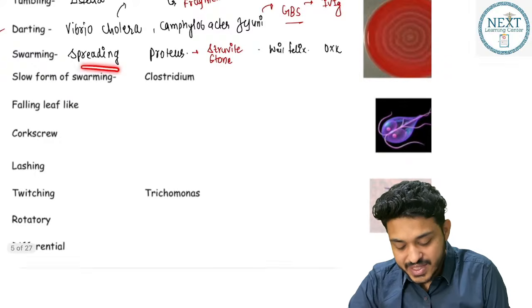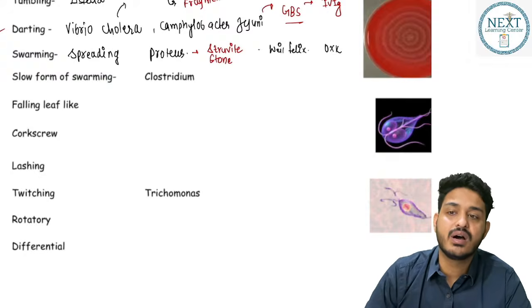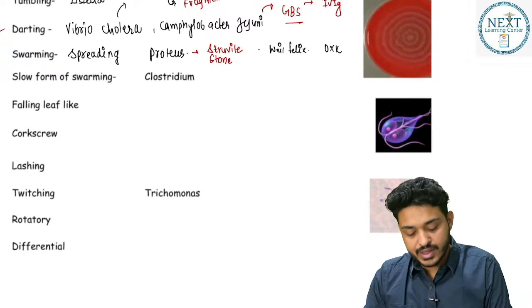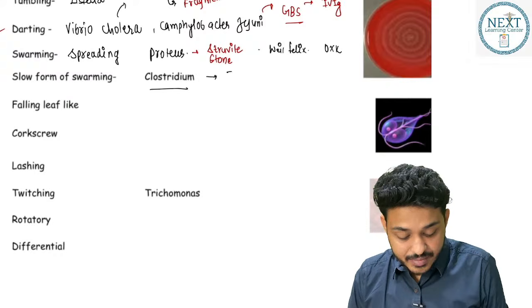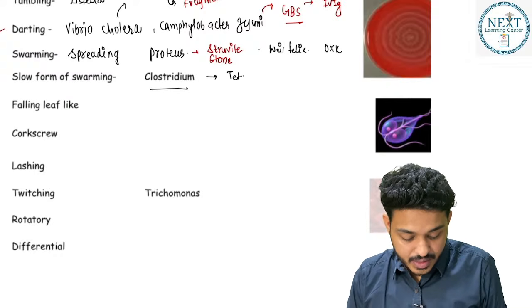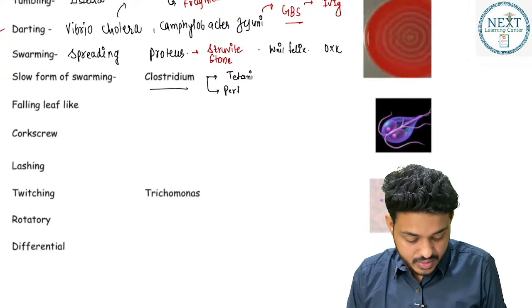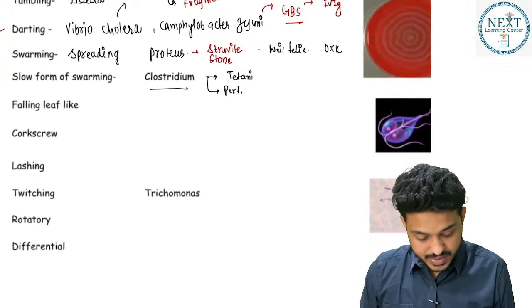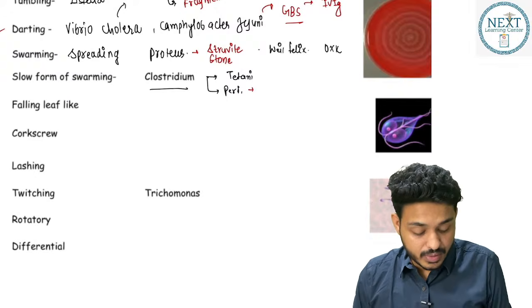Slow form of swarming is seen with the Clostridium bacteria. Slow form of swarming, you can also call it stately motility, right? This is seen with Clostridium. We know Clostridium tetani can be there. We can have Clostridium perfringens, right? So perfringens, I have also taught you this in FMT, right? This perfringens is responsible for producing an enzyme.